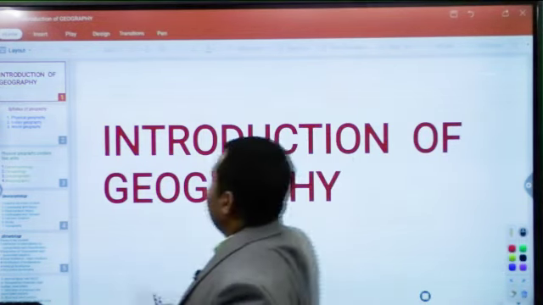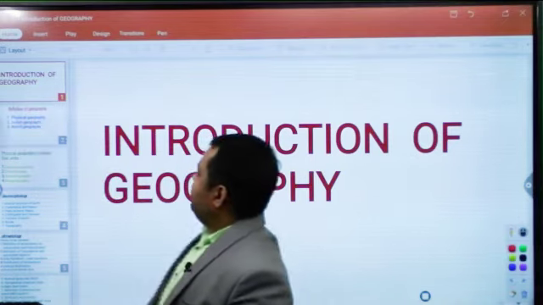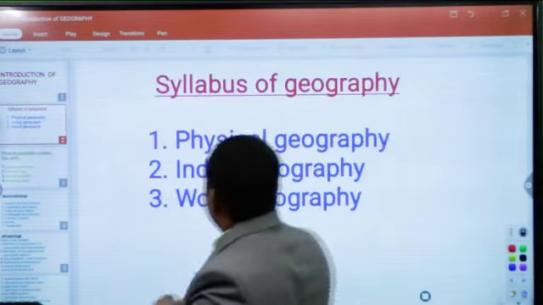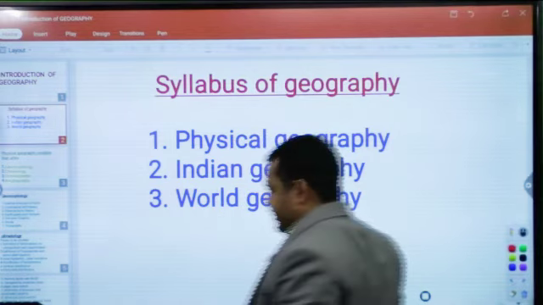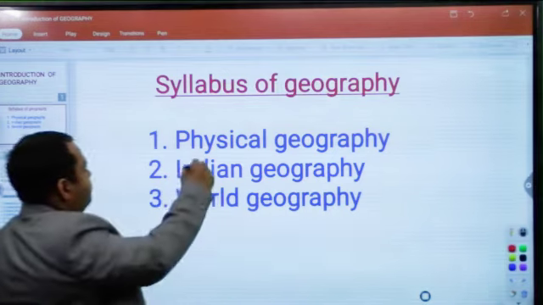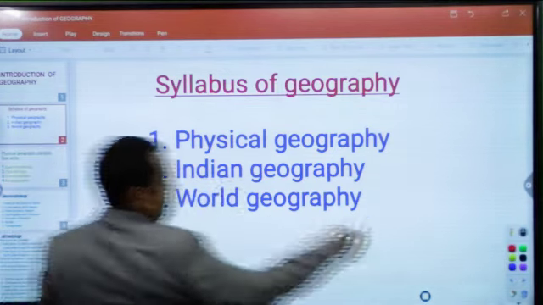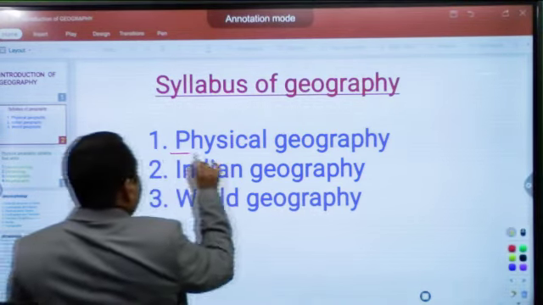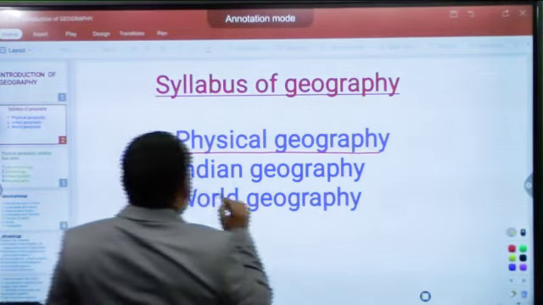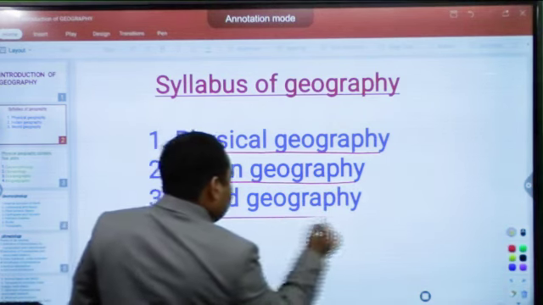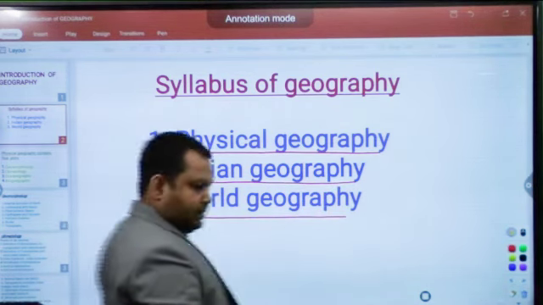Here I have divided the syllabus of geography into three broad units. One is physical geography, second Indian geography, and third world geography.